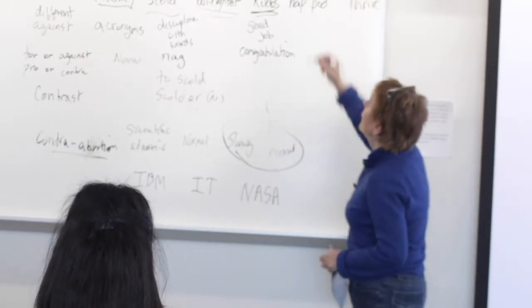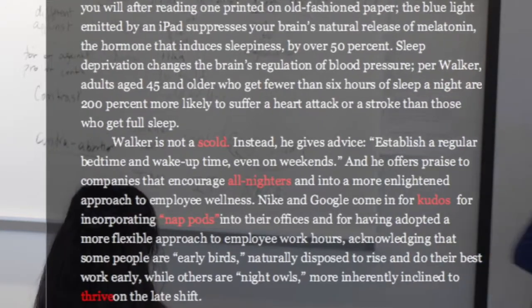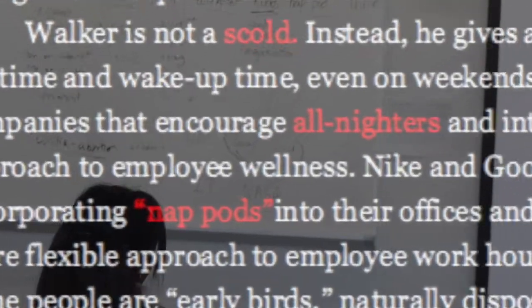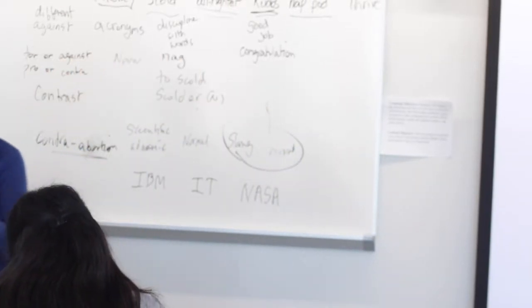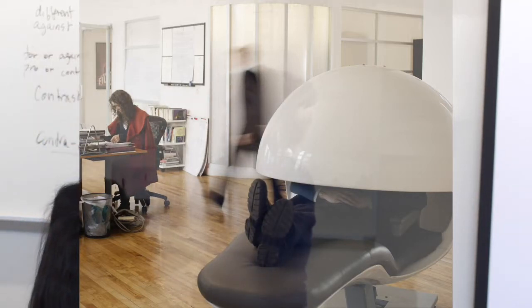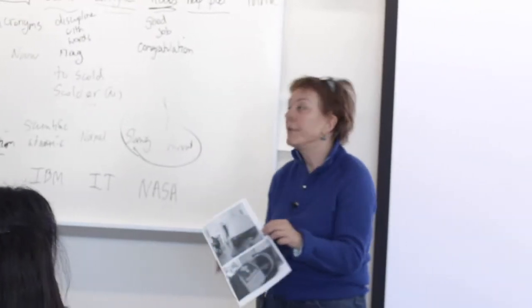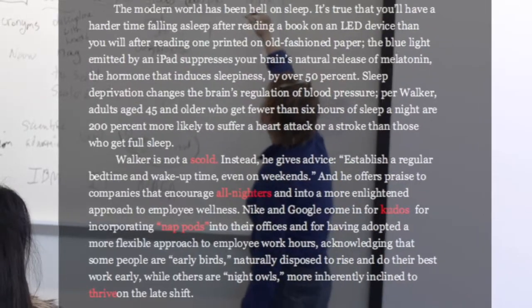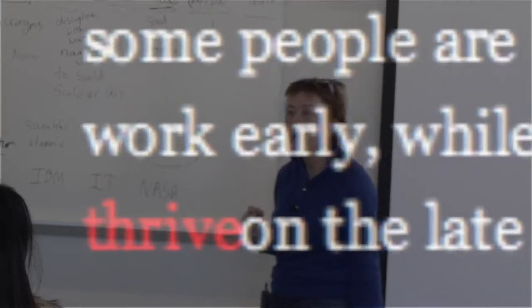Okay. Here's a two-word one, nap pod. There are famous pictures of nap pods. Facebook has nap pods. So what do you do in a nap pod? You take a nap. What's the difference between sleep and nap? Short sleep. Very good. Here's our last word, thrive.